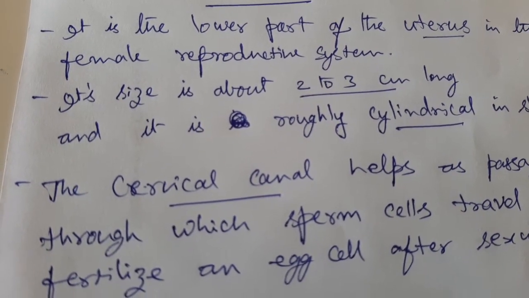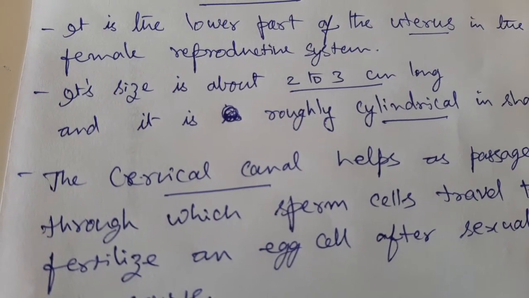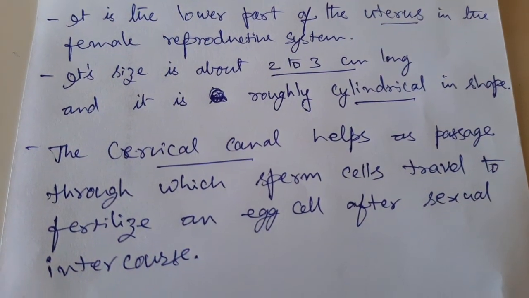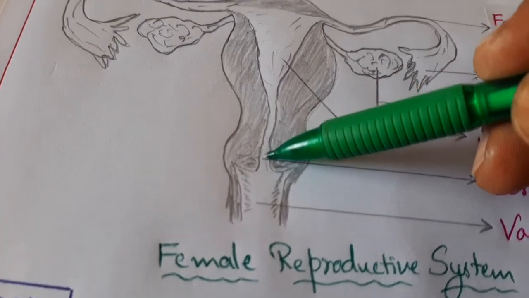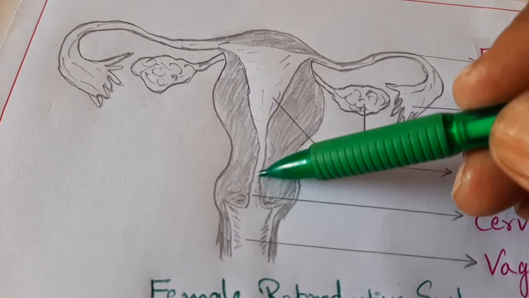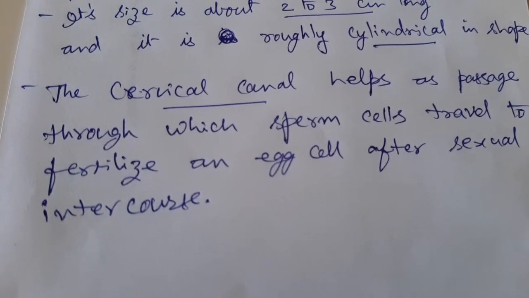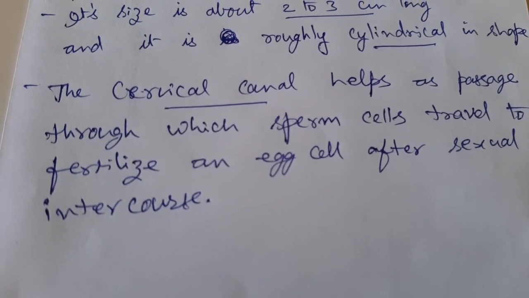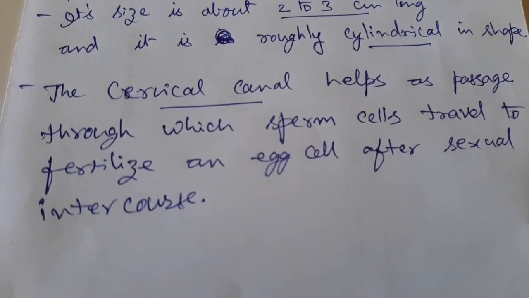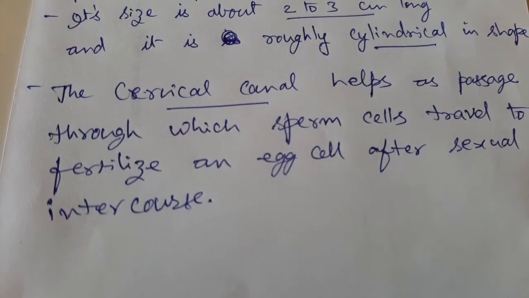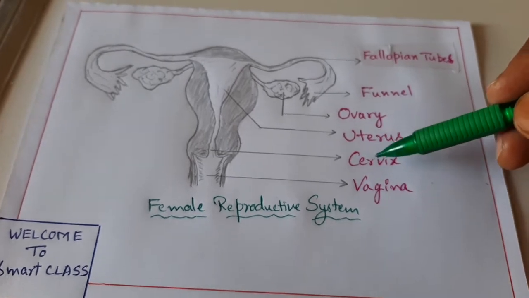Size, it is about 2 to 3 centimeter long, and the shape, it is cylindrical in shape. Now observe, there is a canal like structure. This is called cervical canal. Next point, the cervical canal serves as a passage through which sperm cells travel to fertilize an egg cell after sexual intercourse. Okay, so students, that is about cervix.